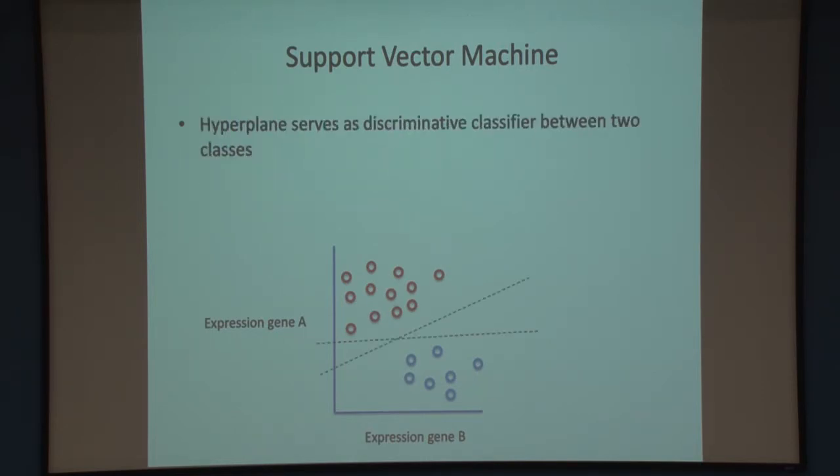The kind of complicated part of a support vector machine is determining where that plane should be. Like you can see that this line separates the data, but so does this line. So which one is a better classifier? And the idea is, if I have these two cell types, if I take a new cell and see where it lies, I can try to figure out which one it belongs to in this example.